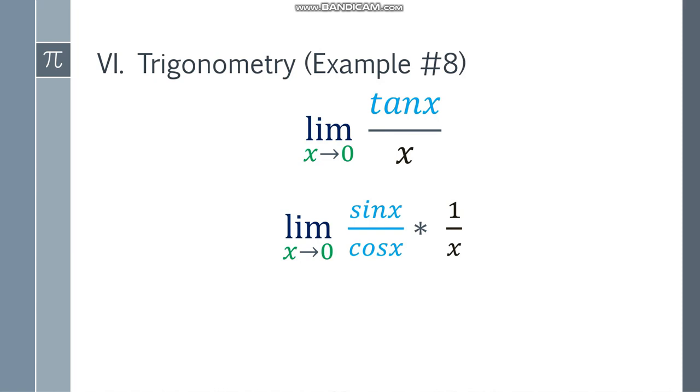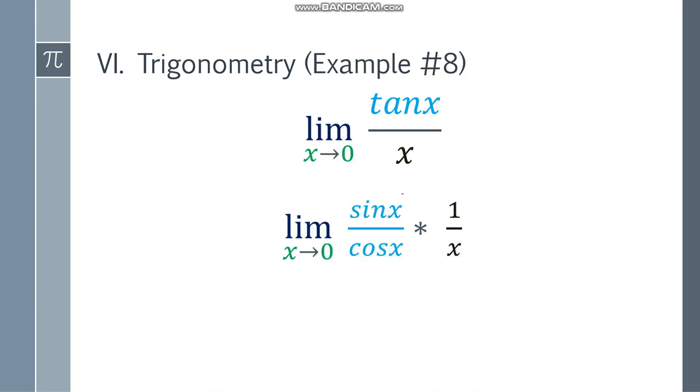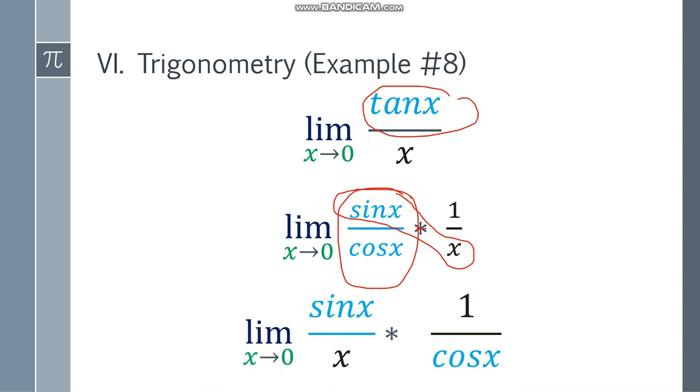So, remember your trig identities. Alalahanin yung trig identities. Tan x natin ay will be sin x over cosine x. So, as is, kunin ko lang yung pointer ko again. So, this one. Remember, may denominator tayo na x, so that will be, multiply natin siya sa 1 over x. Remember, ang sin x over x, that will be 1. So, I'll just switch it. Wala naman magiging problema kasi multiplication naman to.